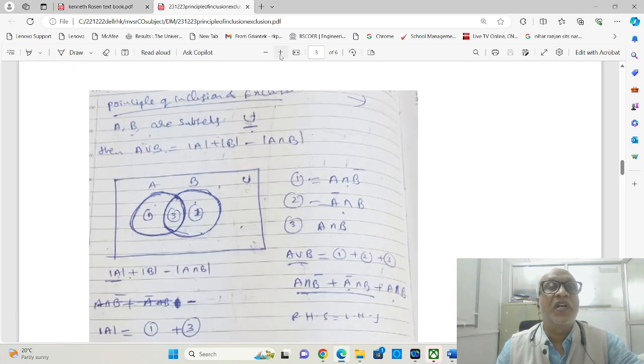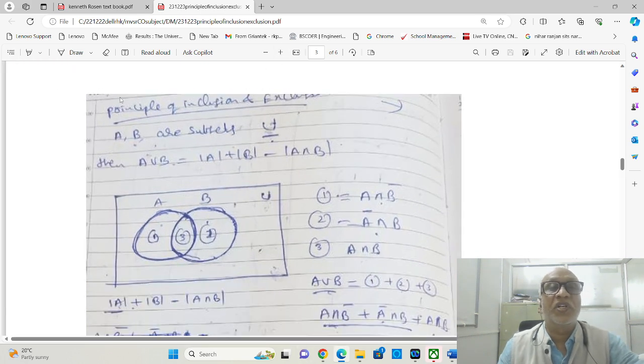So let us look at a few notes jotted down with the help of my colleague Srikant. What you are seeing here, there is something called U. What is U? U is a universal set. What are A and B? A and B are subsets of this universal set. You can look at the Venn diagram also here.